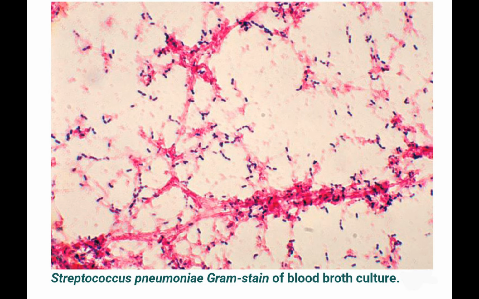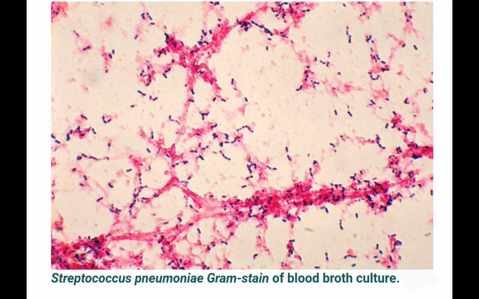If they are catalase negative, then we have streptococcus, and if they are catalase positive, then we have staphylococcus. So these are catalase negative organisms, and in the streptococcus we differentiate on the basis of hemolysis, whether alpha hemolysis, beta hemolysis, or gamma hemolysis. Alpha is partial hemolysis, beta is complete hemolysis, and gamma is no hemolysis.